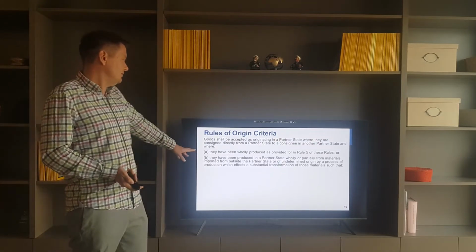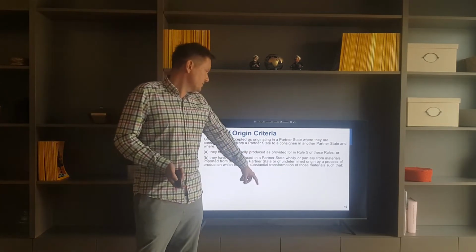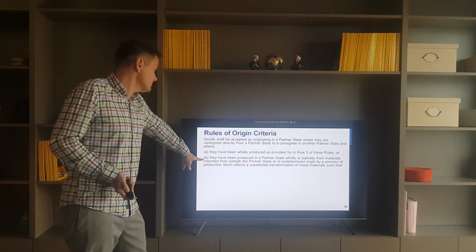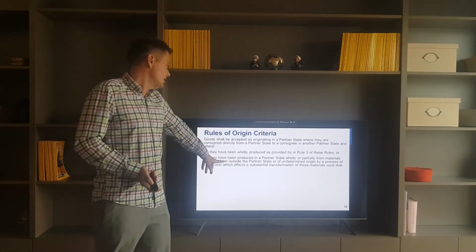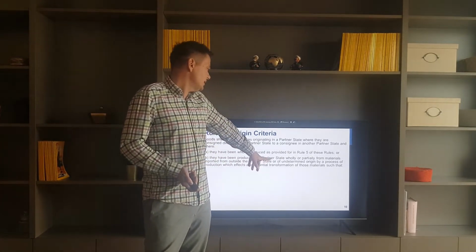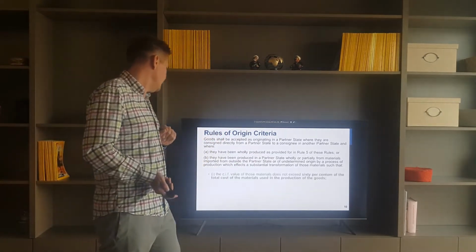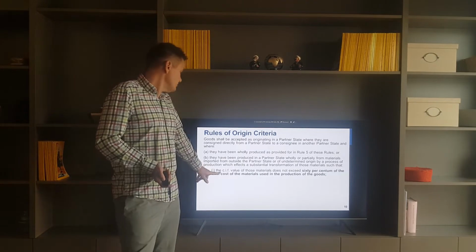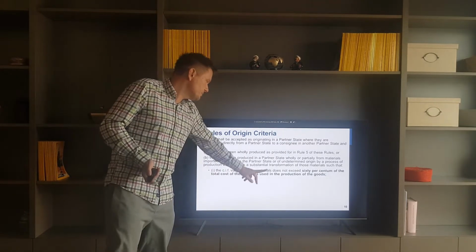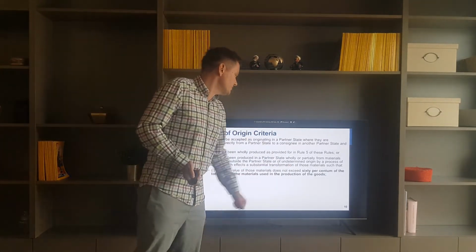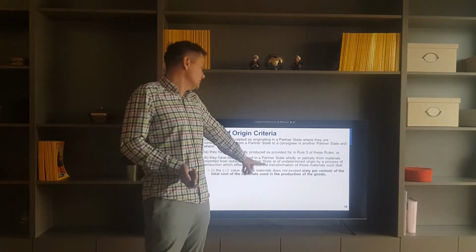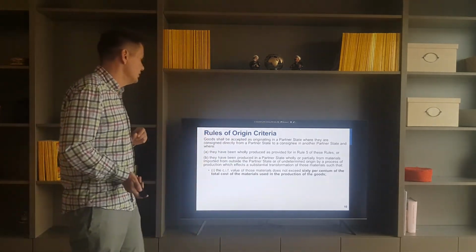They have been produced in, say, South Sudan, wholly or partially from materials imported from outside of the partner state, under the following criteria: the cost, insurance, freight value of those materials does not exceed 60% of the cost of material used in the production of the good.